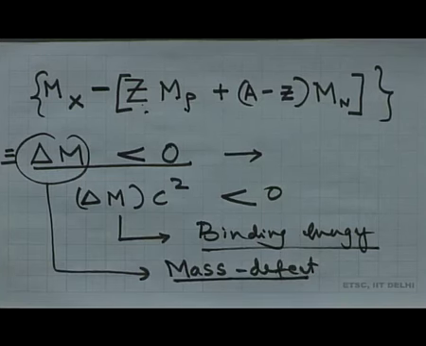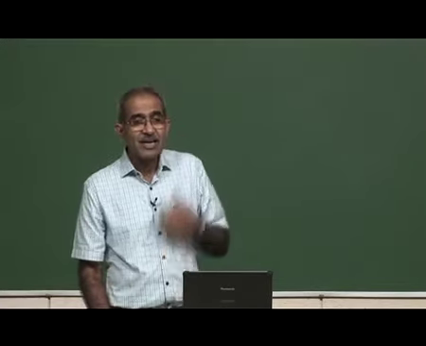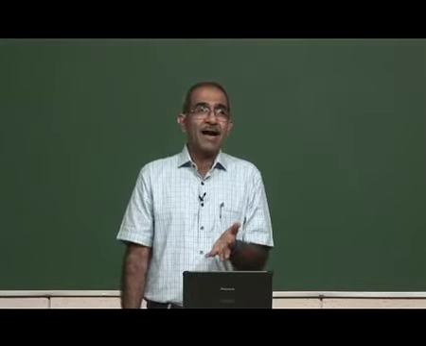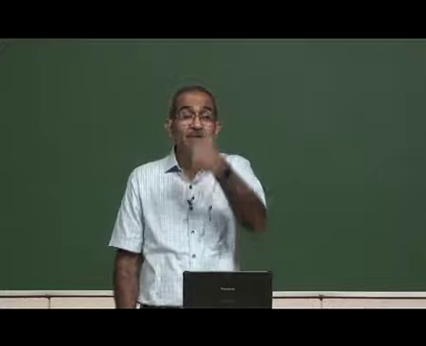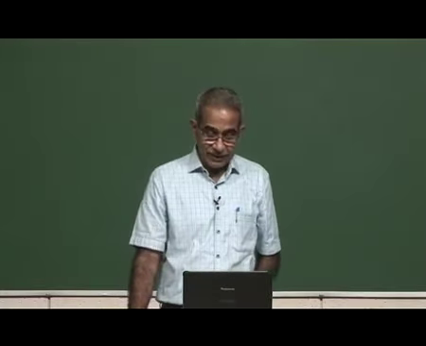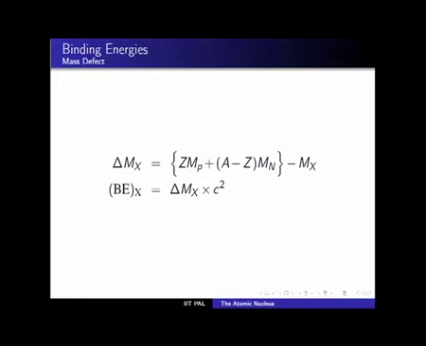Because of the force of attraction, my incoming protons and neutrons shed some of their energy and went and sat in this bound state, and if they want to recover their free state, we have to supply that energy, and that is what I have summarized in these two equations. So I write my delta mx, whatever I wrote in this slide, to be Zmp plus A minus Zmn minus mx.